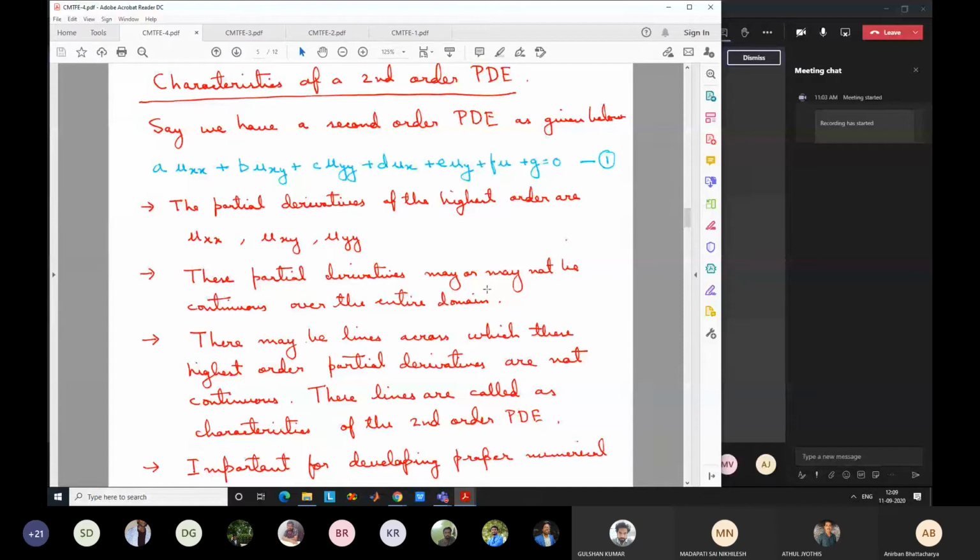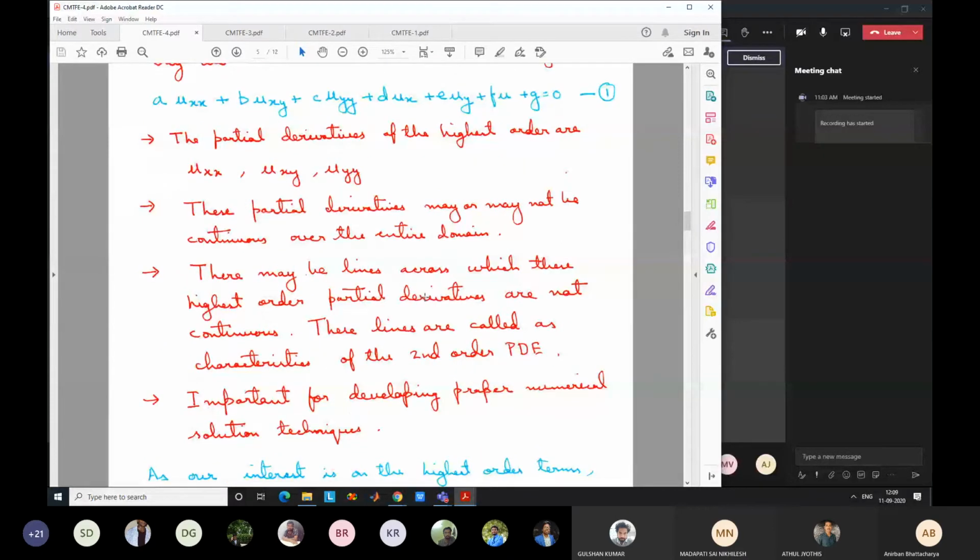There may exist some location where we cannot solve for the second order derivatives. The solution does not exist there. There is a jump directly. Okay, there is a discontinuity. These are described for a two-dimensional second order PDE.